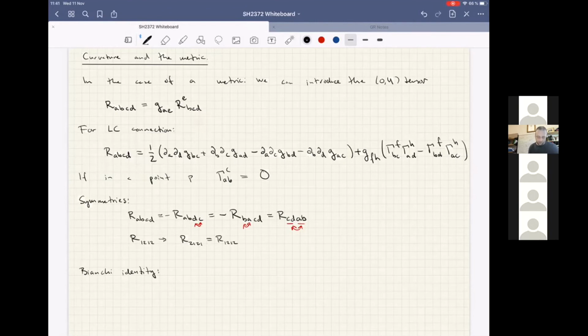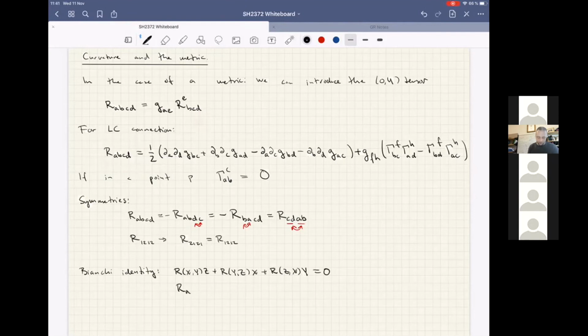I'm just going to state it, and it is that R, X, Y, Z, if we make a cyclic permutation here and add them all together, R, Y, Z, X plus R, Z, X, Y, this is equal to 0, and it also gives a relation in terms of the components.